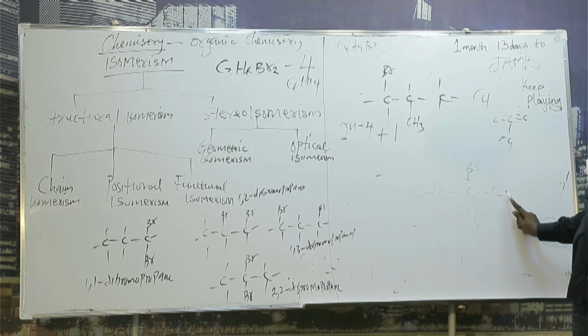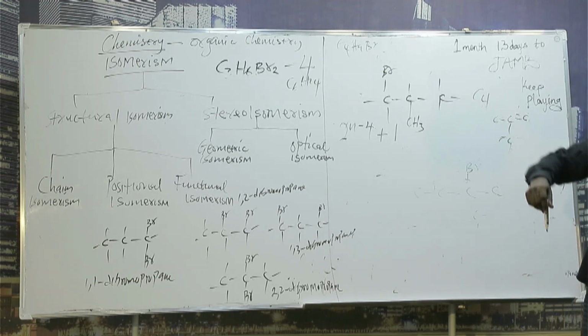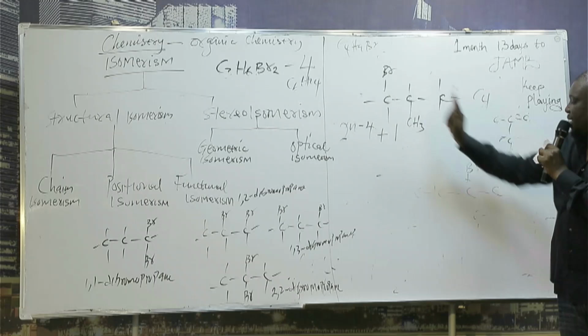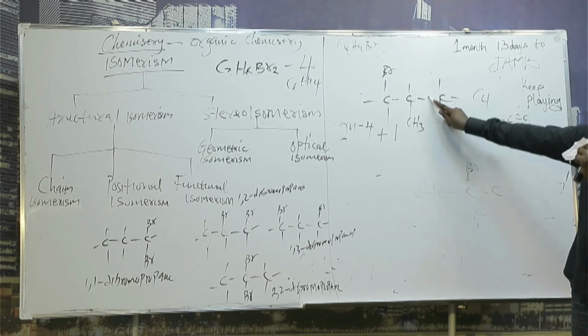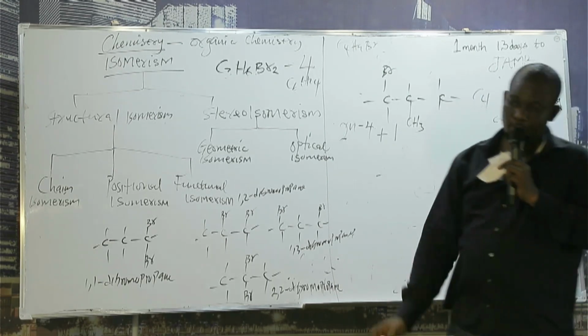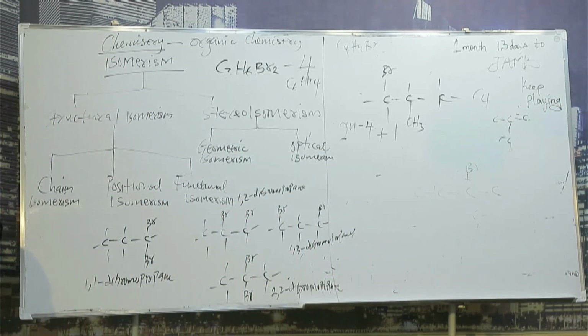Chain length here is 4. So the two are chain. And at the same time, the two are positional. Why? The functional group here and this one, are they on the same carbon chain? No. So these two structures are both chain and positional. You didn't get it before, but maybe something is distracting you. I said it, you did not get it.